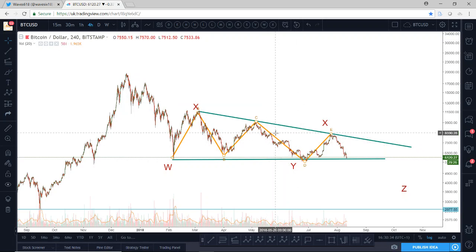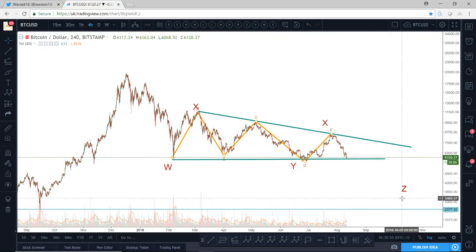And the rule with the triangle is that it must hit both sides of the triangle at least 2 times. So you can see that it's hit the base of the triangle here and here, and it's hit the top of the triangle here, here, and here.